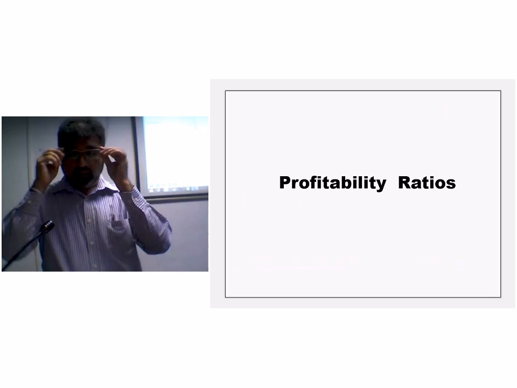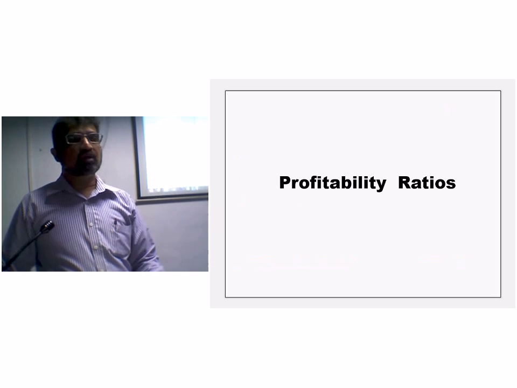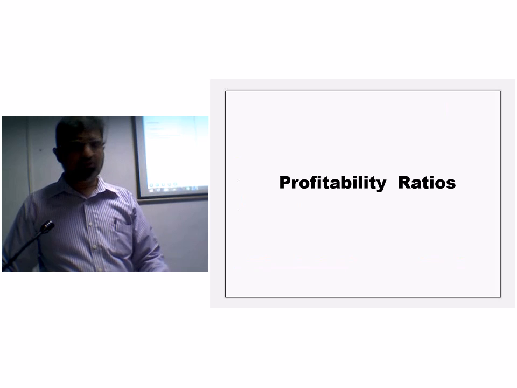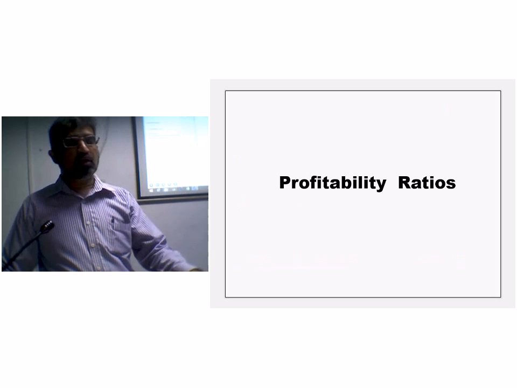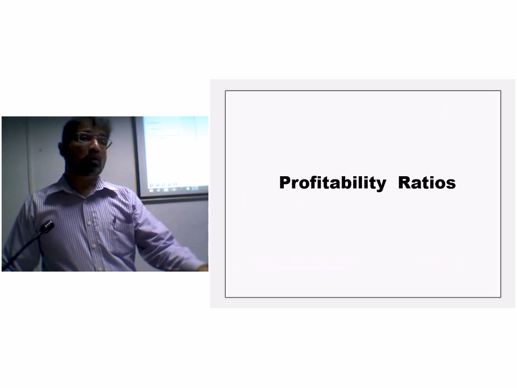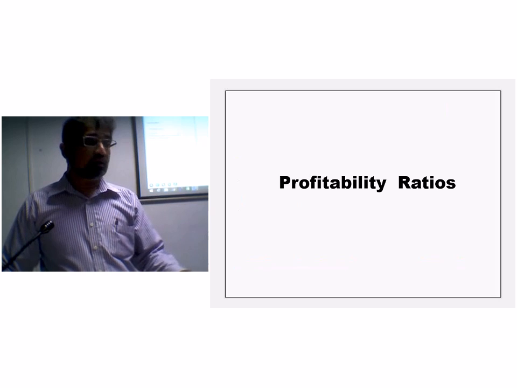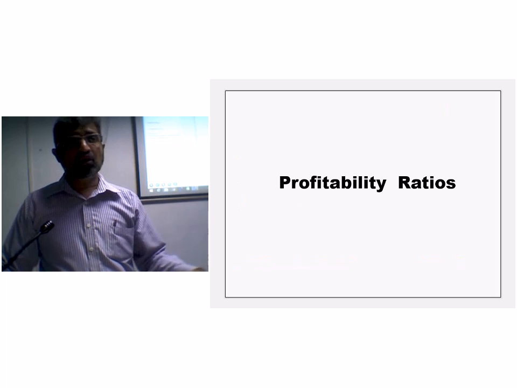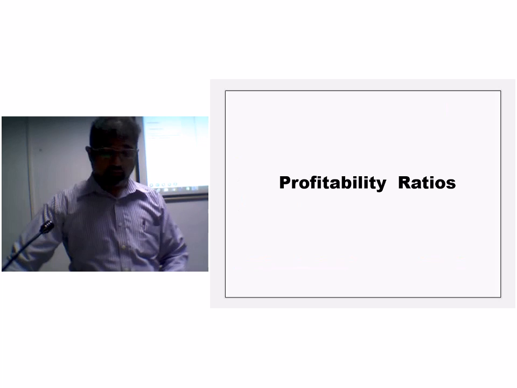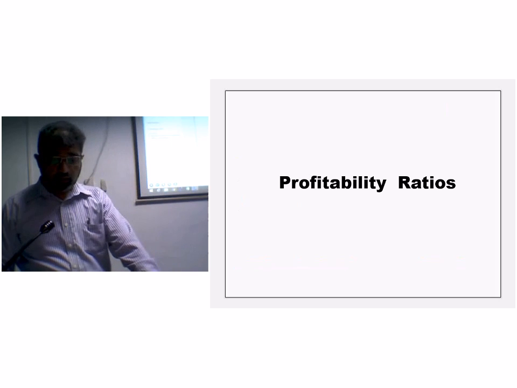Under the liquidity category we discussed 5 ratios. Among them the most popular ratios are the current ratio, quick ratio, and super quick ratio. These 3 are very popular among analysts, right?